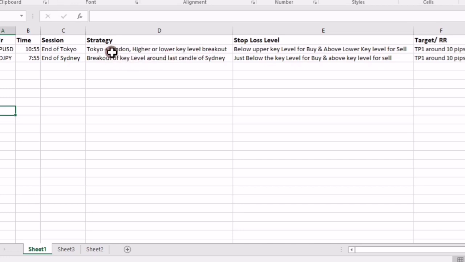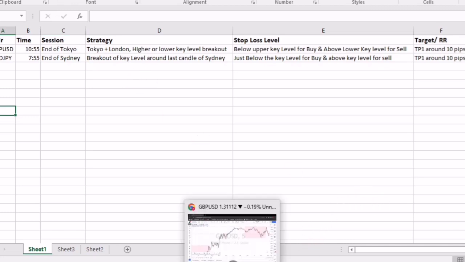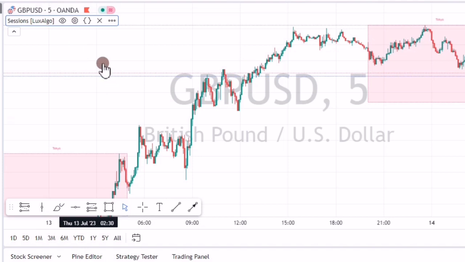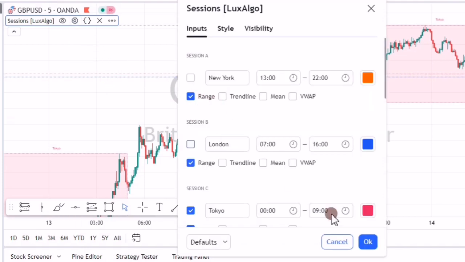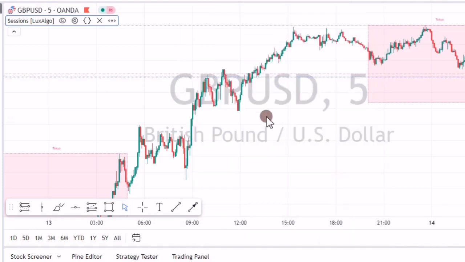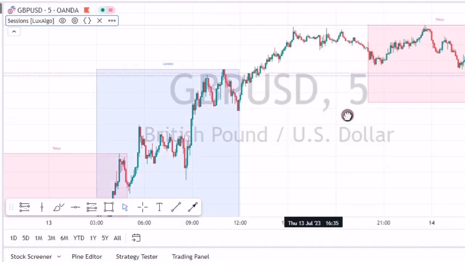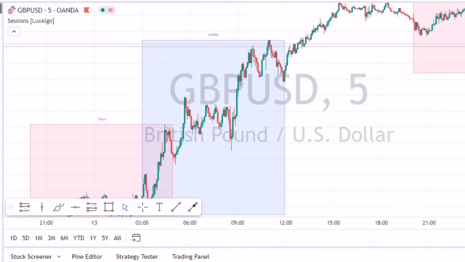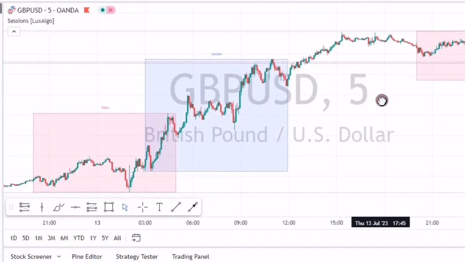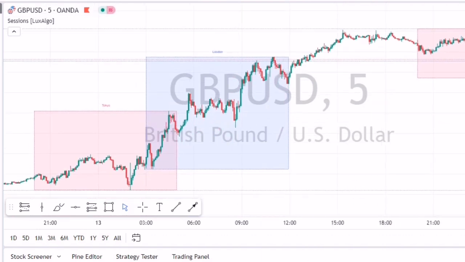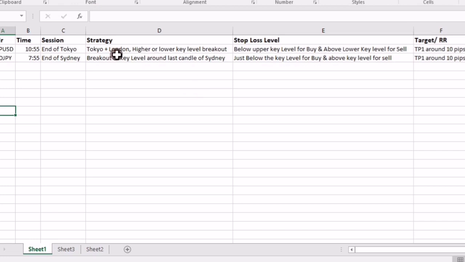Tokyo plus London is a region where Tokyo is overlapping with London, which means I have to go and add London on the chart. Let us just add London. Right there we have London. Let's use this example, and the strategy says Tokyo plus London, higher or lower key level breakout.